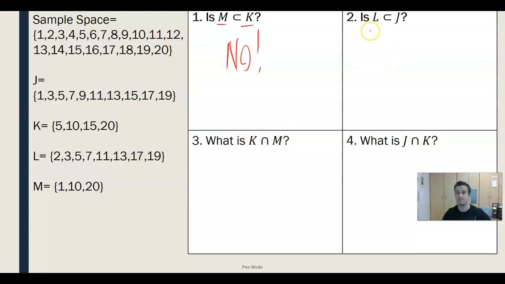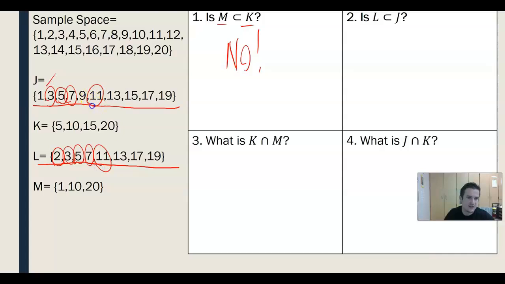That's it. Next question, is L a subset of J? So here's L. I have 2, 3, 5, 7, 11, 13, 17, 19. Let's double check. Is 2 in J? No. Is 3 in J? Yes. 5? Yes. 7?